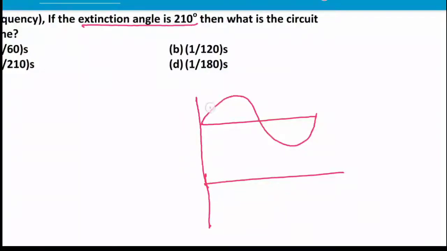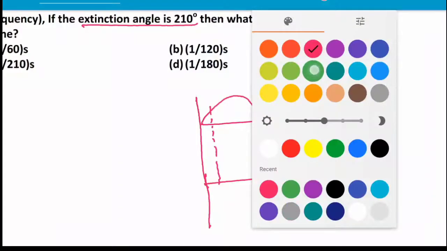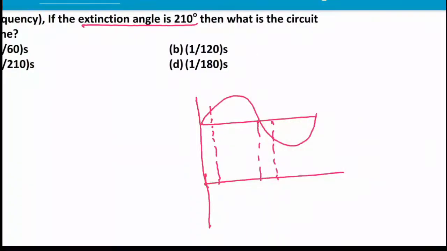So this will be like this. Suppose this is alpha, which is the firing angle. So from here the voltage will appear at the load, and here it will be extinguished.